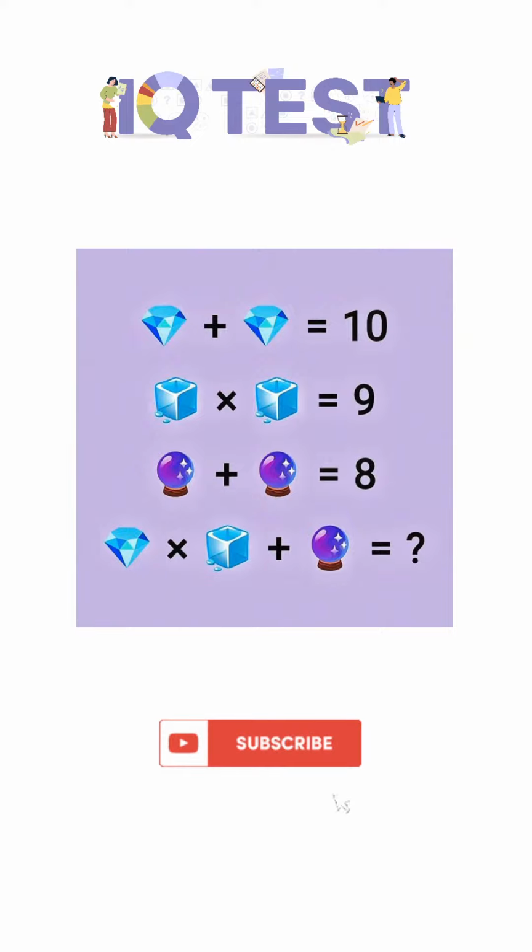So what are we getting as the final answer? Yes, 19 is the final answer. Okay, so you are 100% right. Nice one. All right, so let's have a look at the next question.